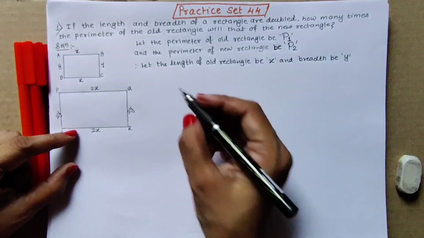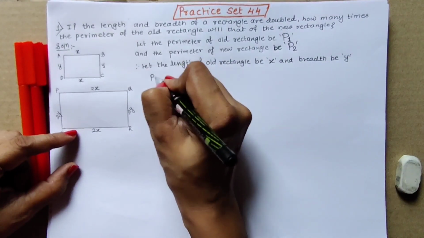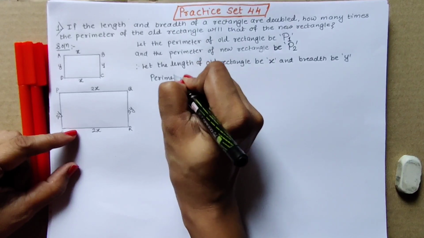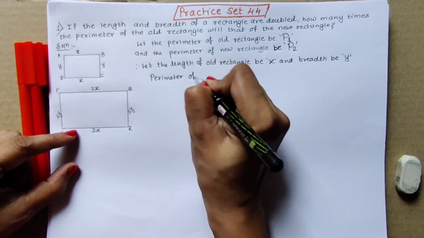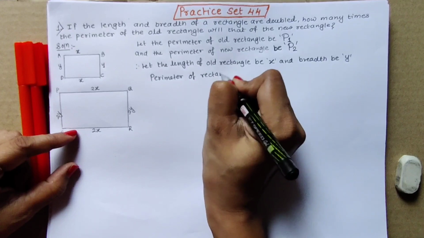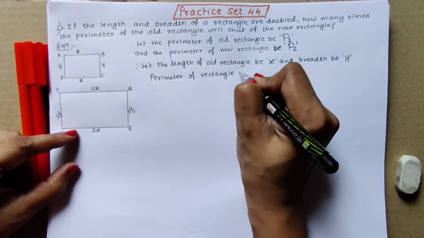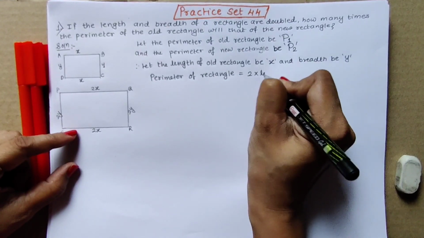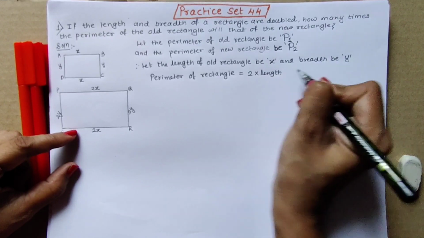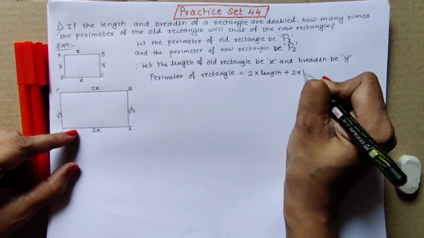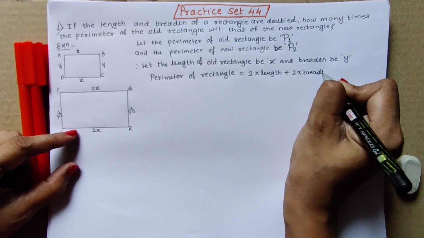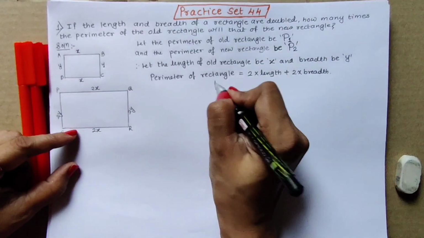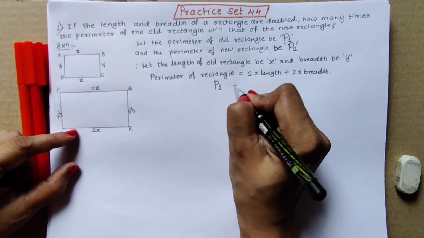That means the perimeter formula we will be writing: perimeter of rectangle. What formula have we seen just now? It is 2 into length plus 2 into breadth. So first find out the perimeter of the first rectangle, that is old rectangle P1.